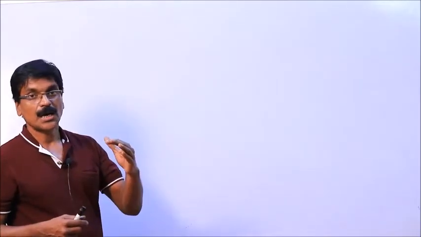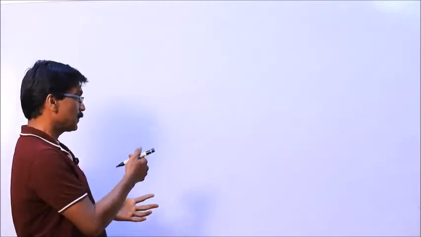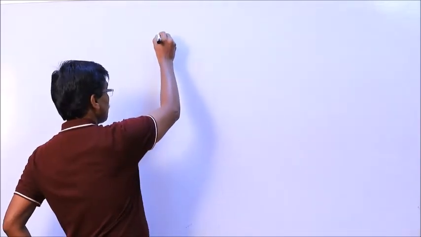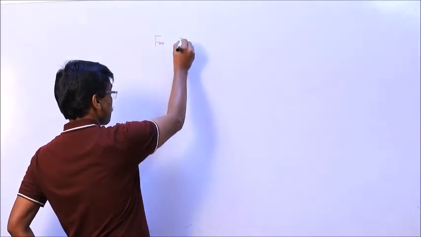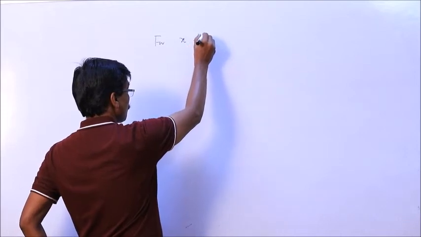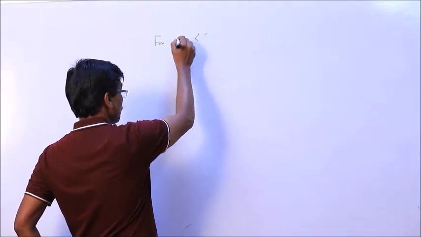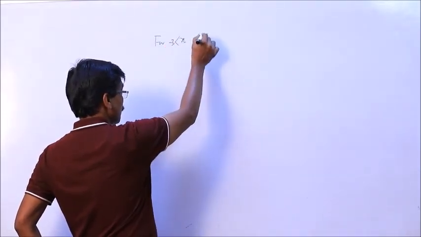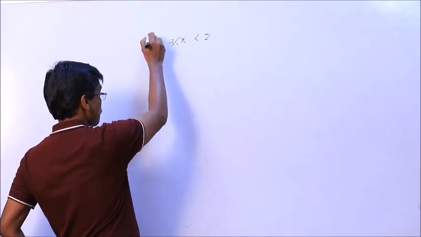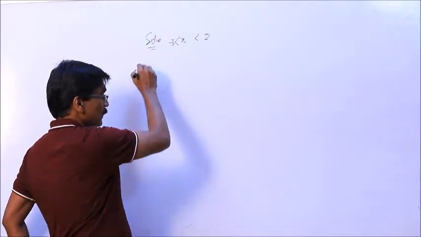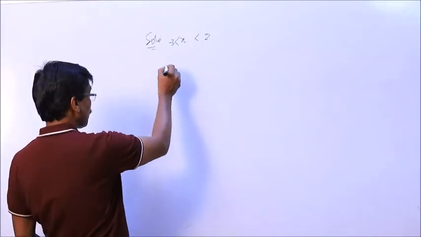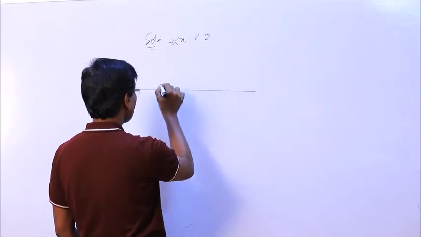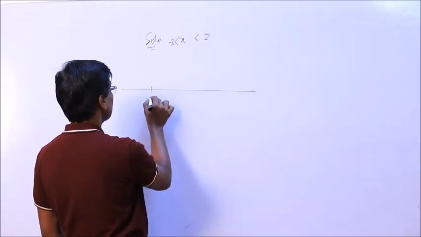So, take one inequality, that is x lies between minus 3 and 2. If we solve this inequality, then it lies between two numbers, minus 3 and 2.